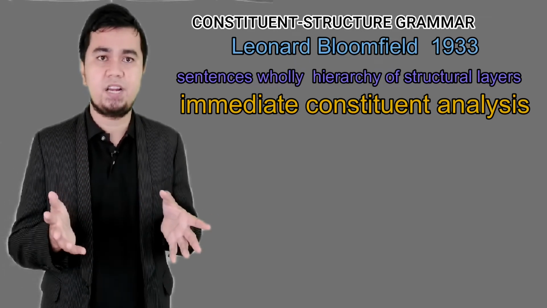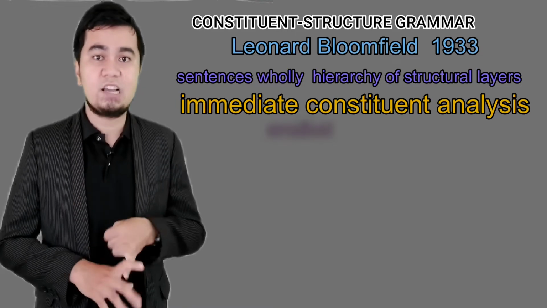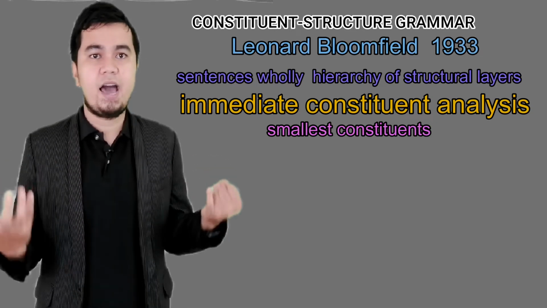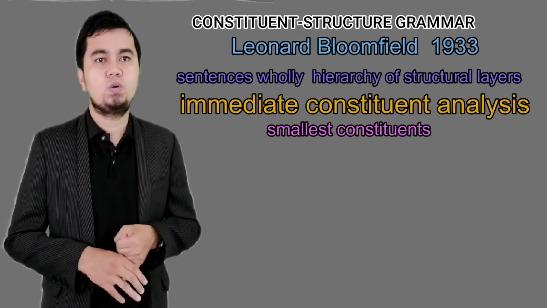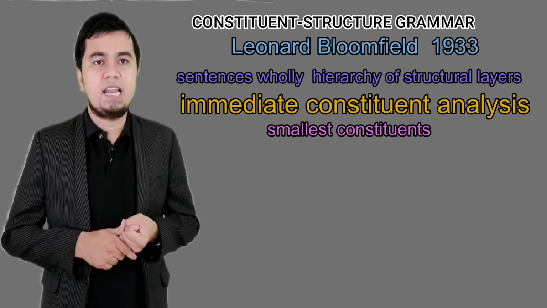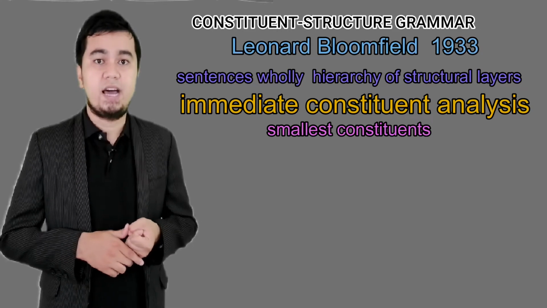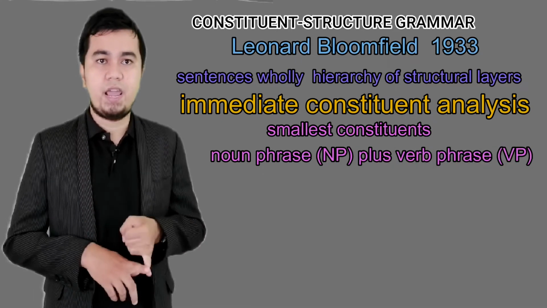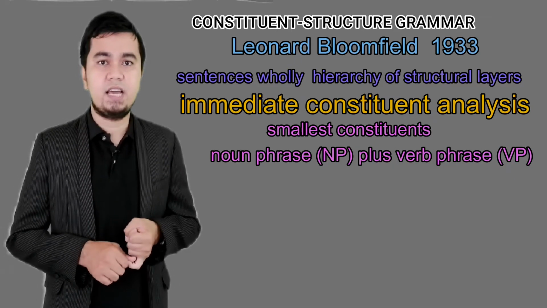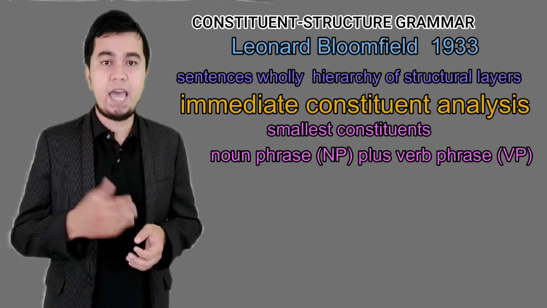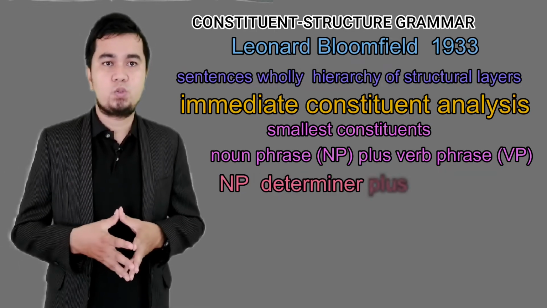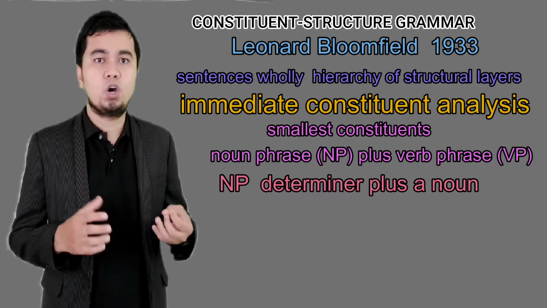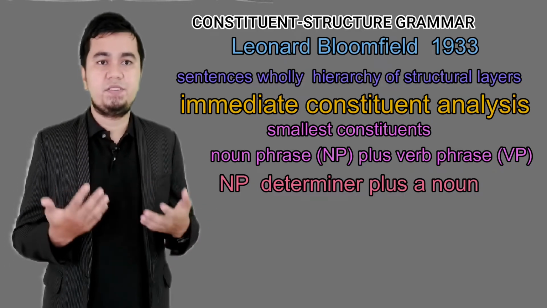The analysis begins with the smallest constituents that can be joined together to form larger ones. A sentence can be analyzed into constituents such as the noun phrase (NP) and the verb phrase (VP). These can be analyzed into further constituents. The NP might consist of a determiner plus a noun, until no further division is possible.